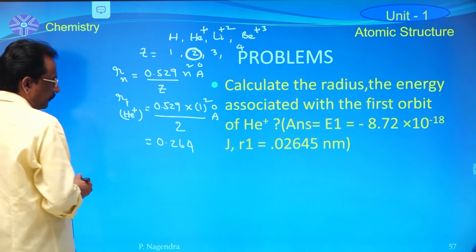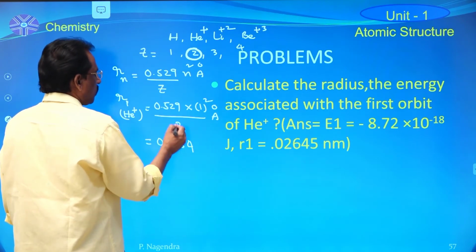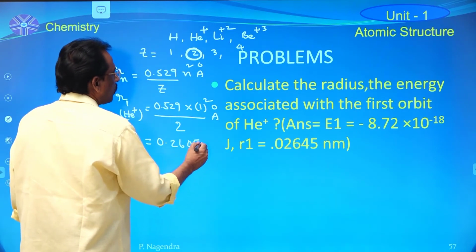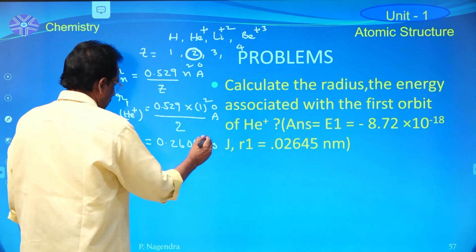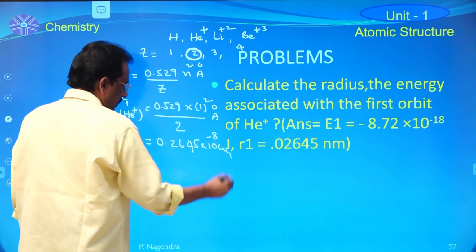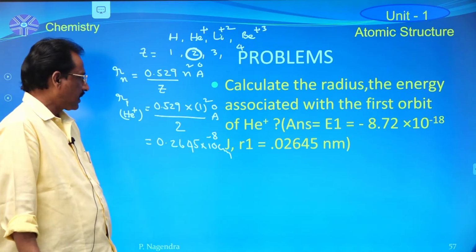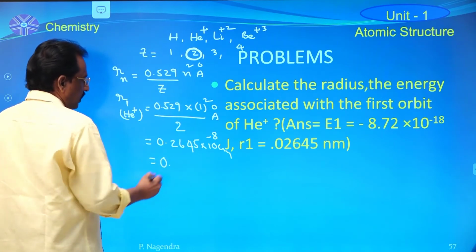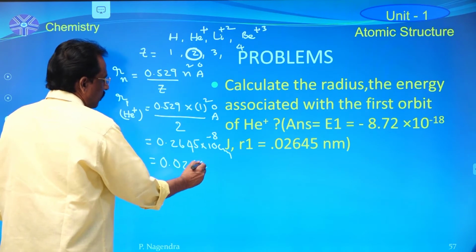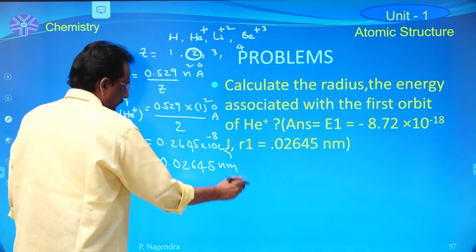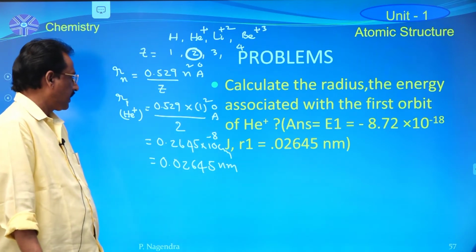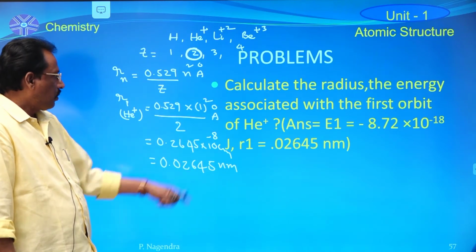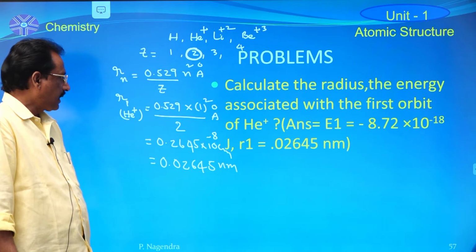0.0264 into 10 power minus 8 centimeters, or this is nothing but 0.02645 nanometers. 0.529 divided by 2 is equal to 0.264 approximately into 1 angstrom, which is equal to 10 power minus 8 centimeters.